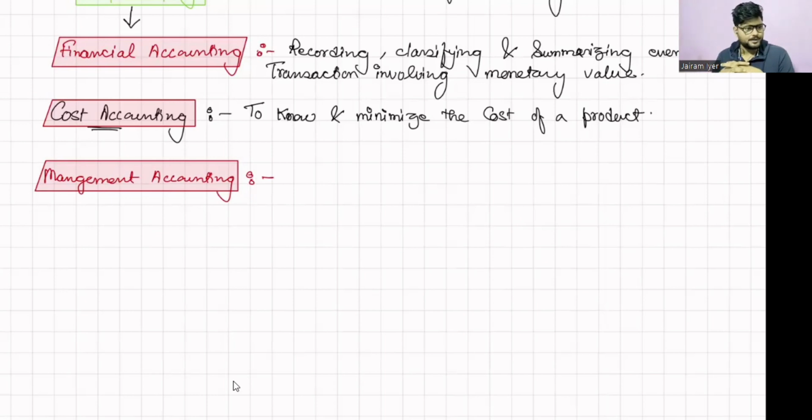So have this clear frame of mind that management accounting deals with the internal side and with decision making of the company. It helps the management allocate its resources in a better way, like what could have been done in place of this or that so that resources could have been utilized more efficiently, and what should have been done so that the wastage happening right now can be minimized.